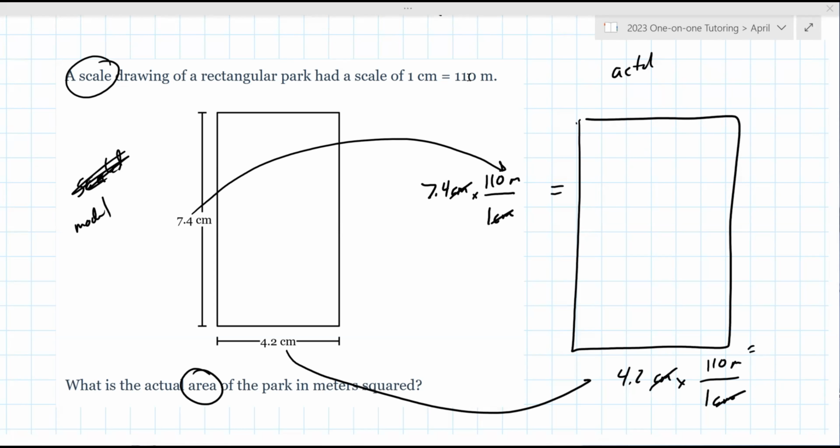You take 7.4 times the 110, and 4.2 times the 110.